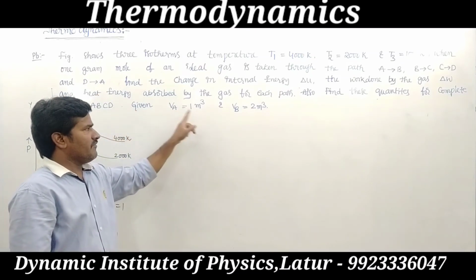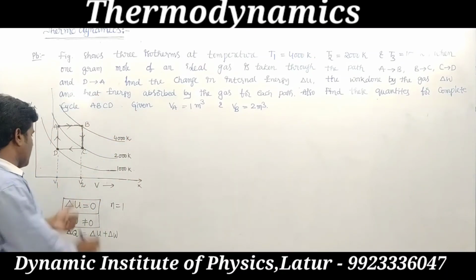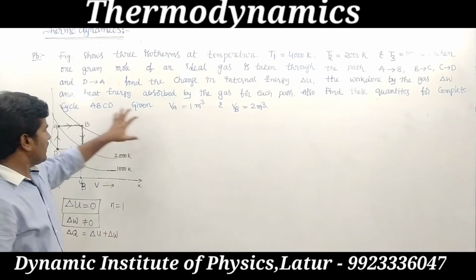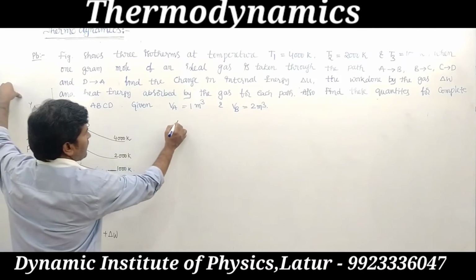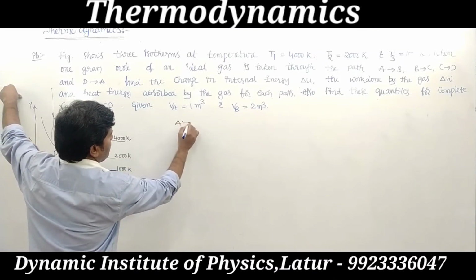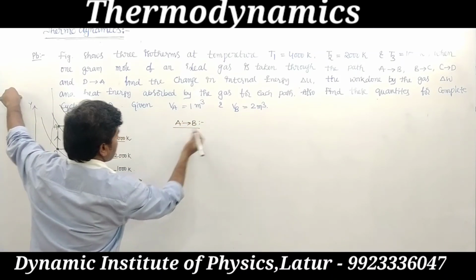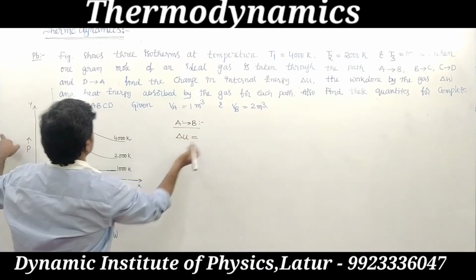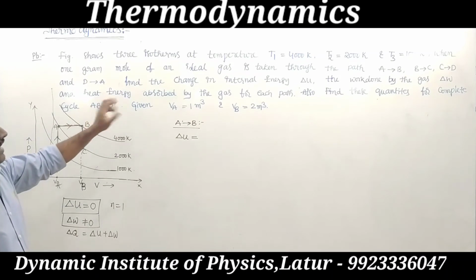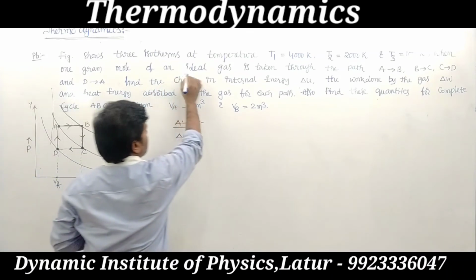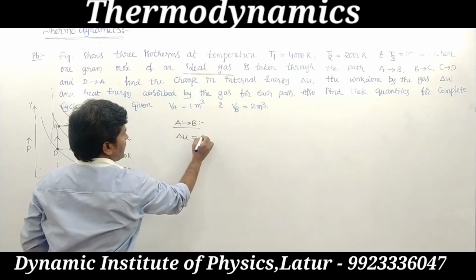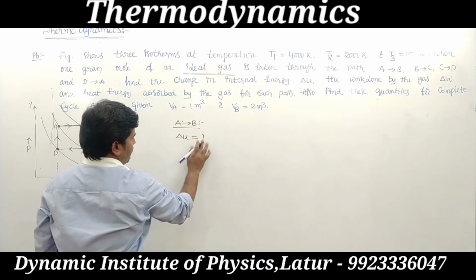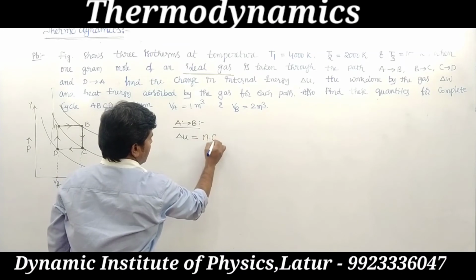Initial volume V, the volume at A position and at B position are given. So here we first consider path AB. A to B path. In this condition, what is the internal energy? Internal energy delta U equals n Cv delta theta.